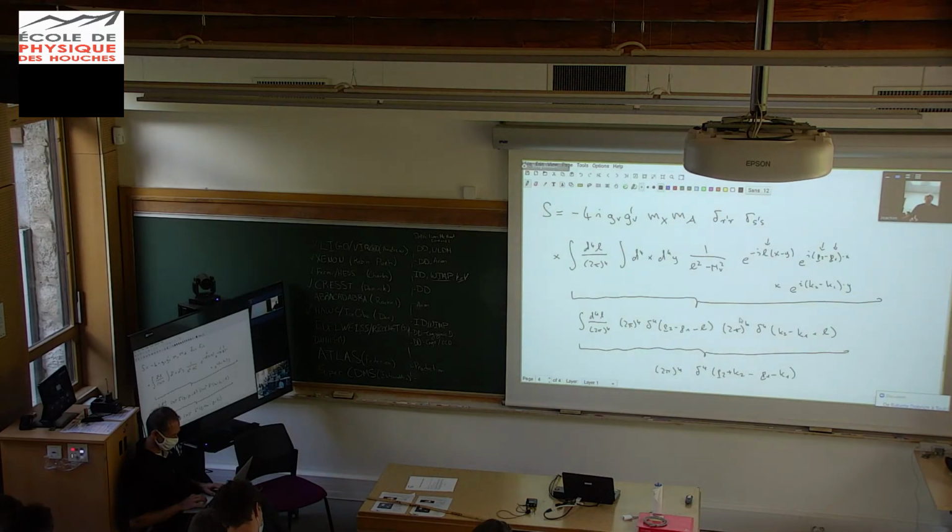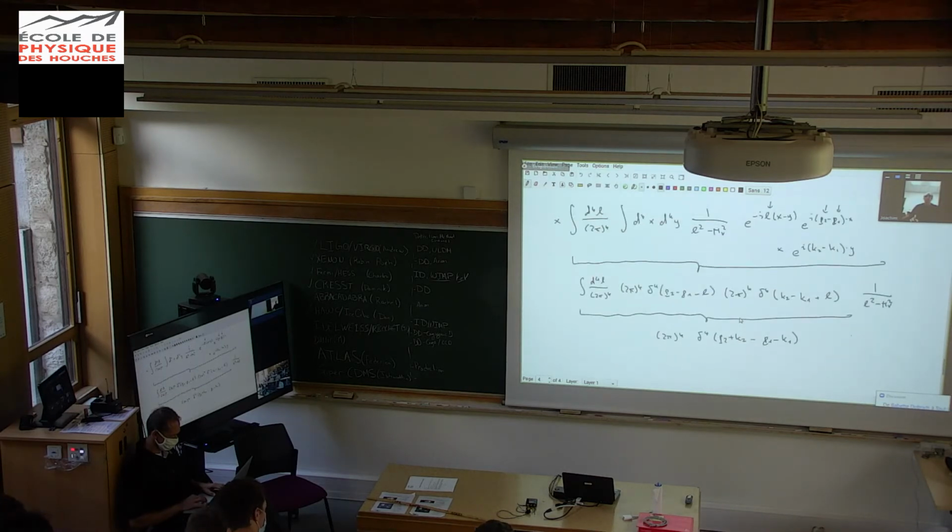So that's just momentum conservation. And of course, this factor L squared minus m_V squared, which just becomes 1 over, let's say, p2 minus p1 squared minus m_V squared.